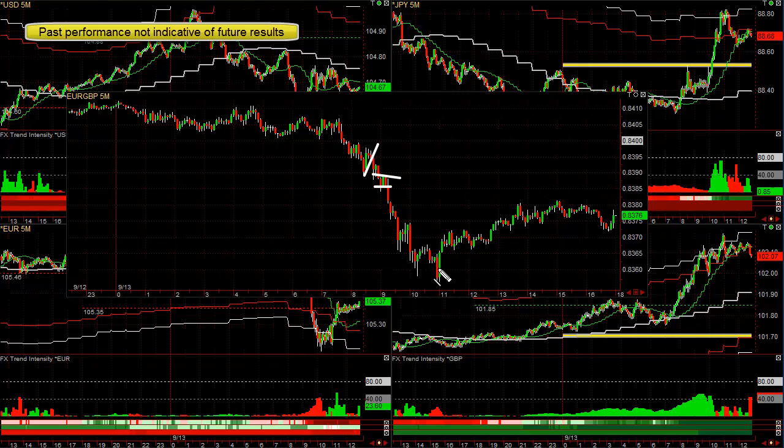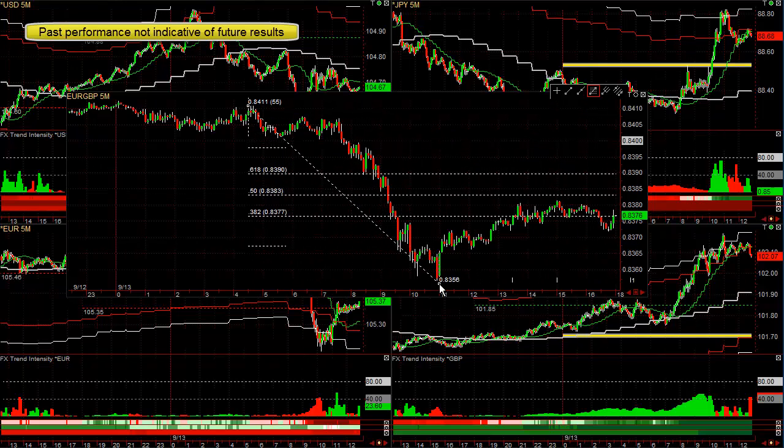The farther down it goes, the more likely it is to make a deeper pullback. More likely it is also to work its way up, at least at the minimum, to a 38% retracement. So I'm using fibs in our systems, and when the market makes too big of a move, I really wait for this area, between this area and the 62% fib, to look for sell patterns.